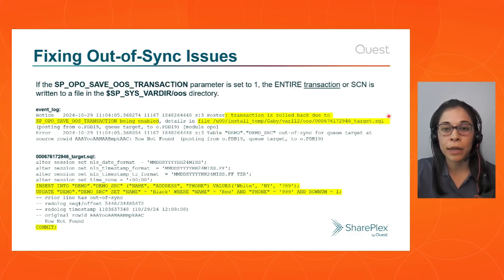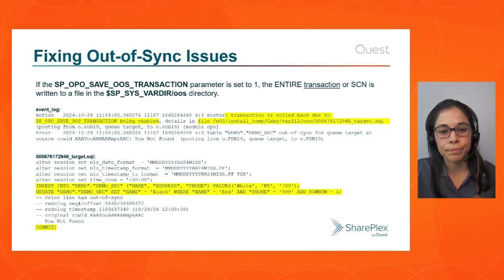You will find an SQL file and the path where it has been created. This file includes all the DML operations that were rolled back in that transaction. In this case, I did an insert, an update, and a commit, plus more information related to this specific transaction. This is important for you during this out-of-sync finding.